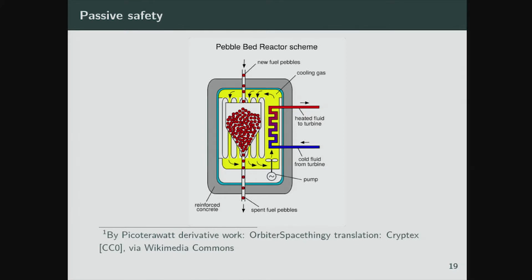That means that less of the neutrons from the reaction actually pass on to other pebbles in the system. This means that as the temperature rises, the reaction automatically slows down, making it much safer, and means that even if you turn the cooling system off in this type of reactor, it actually gets to an equilibrium state, which is actually safe. And it can remain like that for a couple of days without an active cooling system before it actually becomes unsafe.